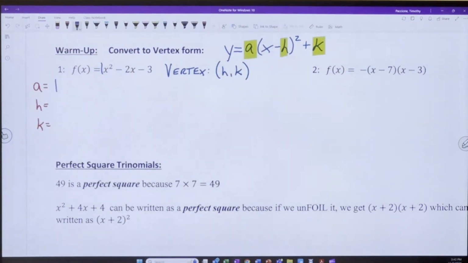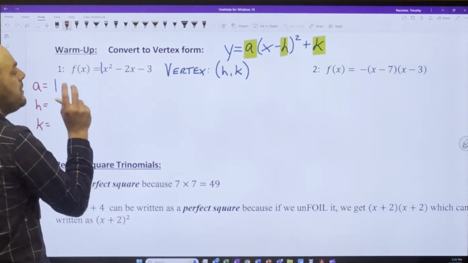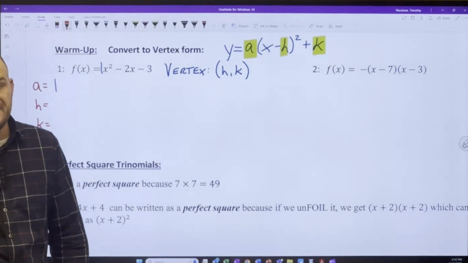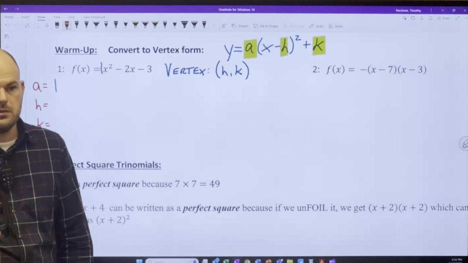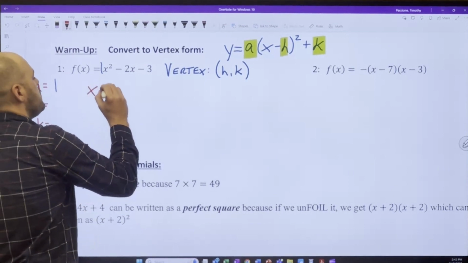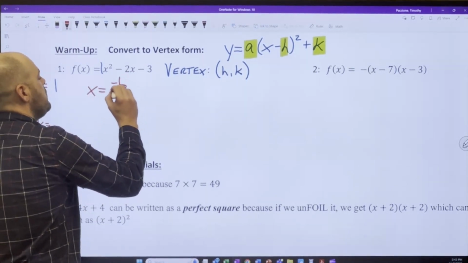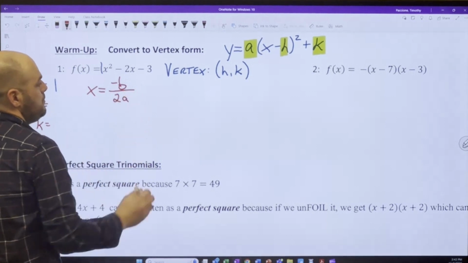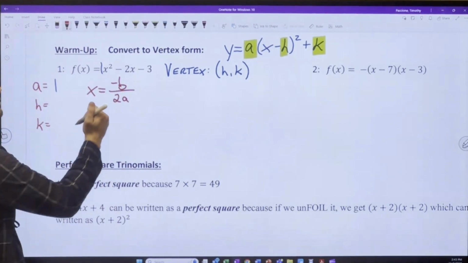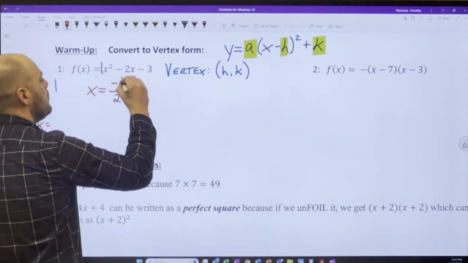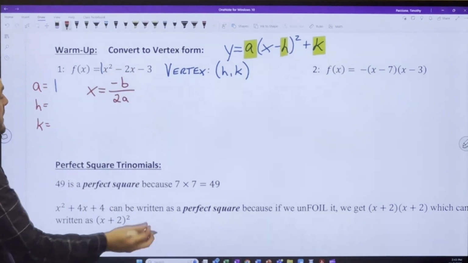Now, to find the vertex, you need a formula, and this is something you did need on the quiz. The formula to find a vertex from standard form, at least to find the x value, is negative b divided by 2 times a. So we need to pull out our pieces.